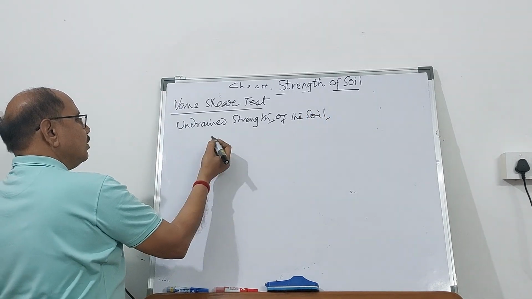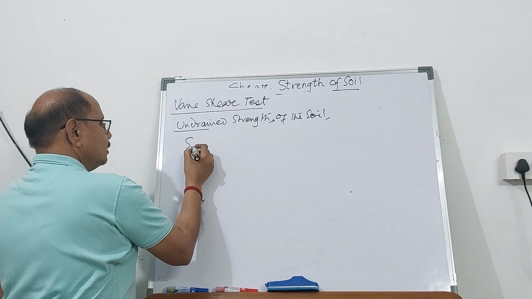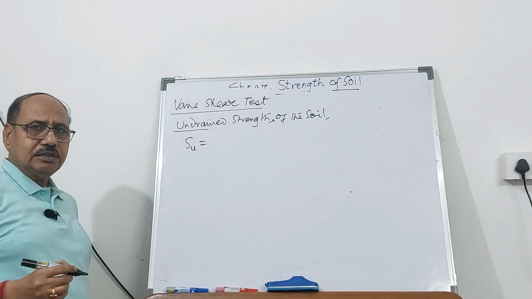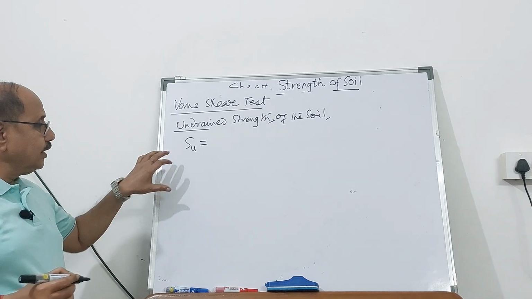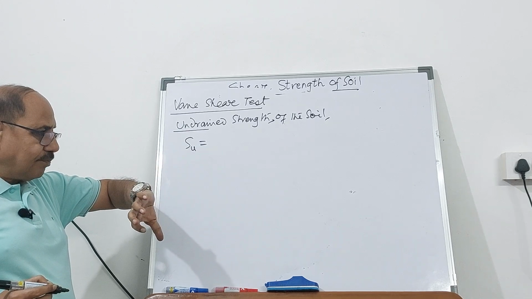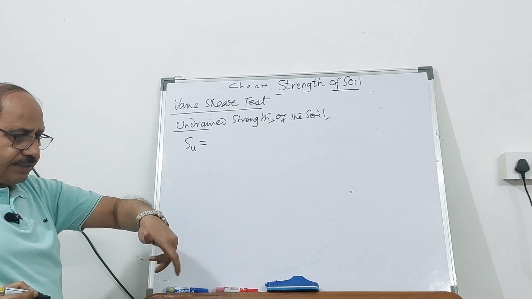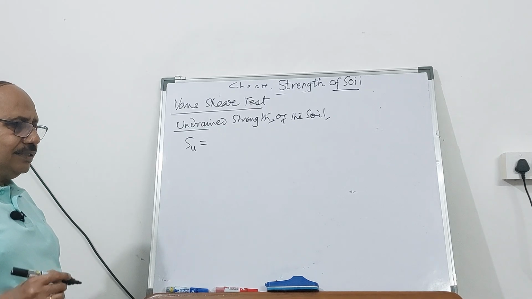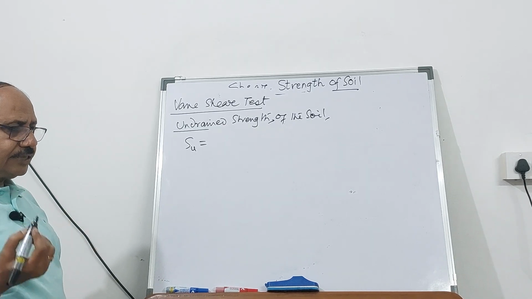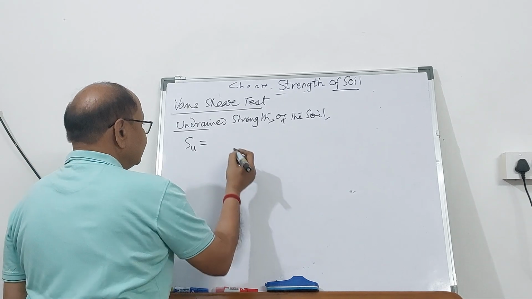So any soil sample you can carry out the Vane shear test, and you can find out the value of undrained shear strength SU by lowering the blade into the soil mass and then applying the external torque till the soil mass gets sheared. And the formulas are quite simple that you can always remember.